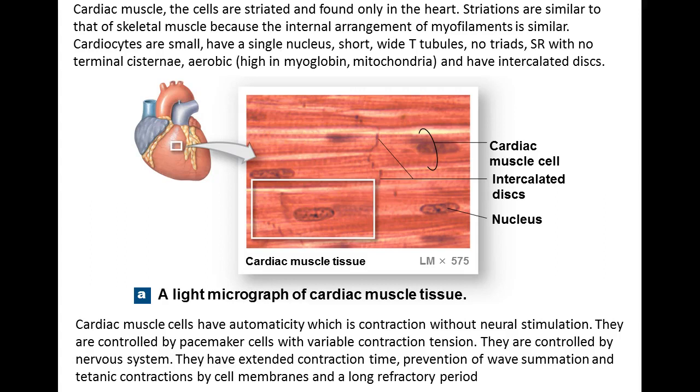The muscle cells also have a unique feature called intercalated discs. What these discs are is special points of contact between those cardiocytes.